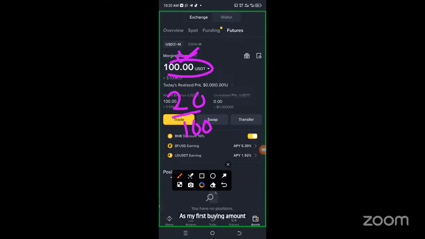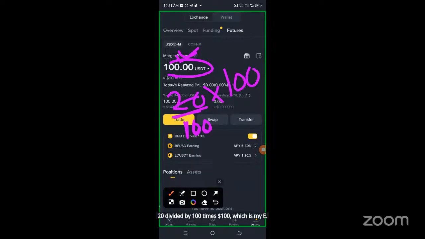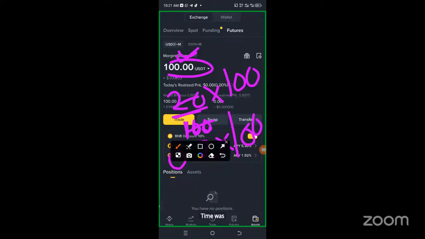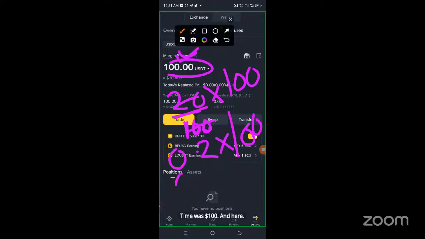That means it is going to be 20 divided by 100 times $100, which is my capital. So that is 0.2 times $100, and here I'll get $20. $20 will become my first buying amount.